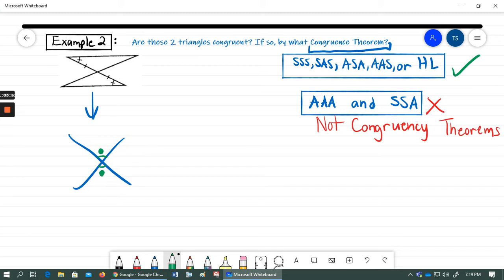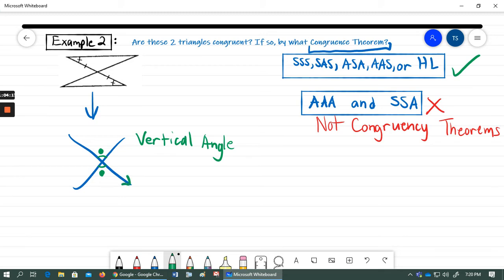Remember, this type of angle pair starts with a V. These are vertical angles, correct? Those angles that get formed when two lines intersect each other.